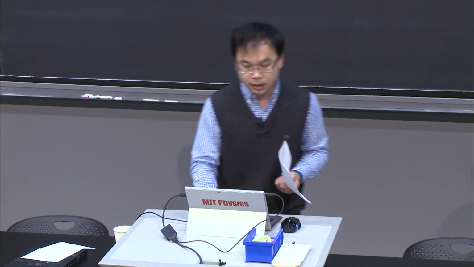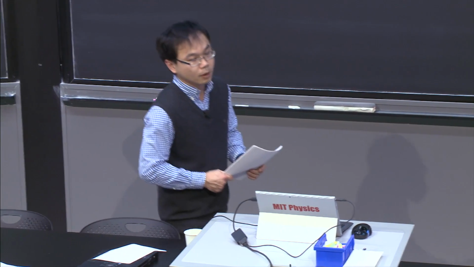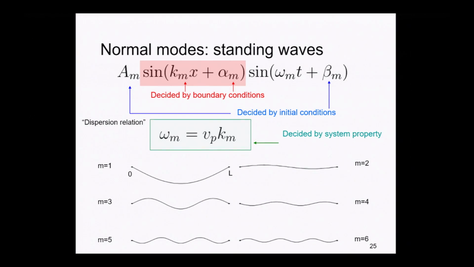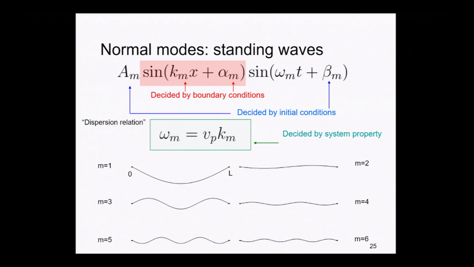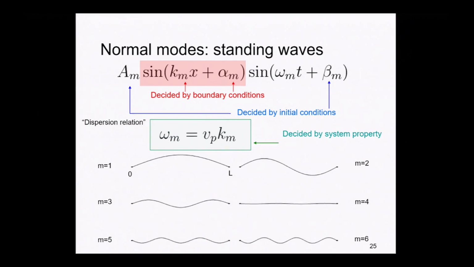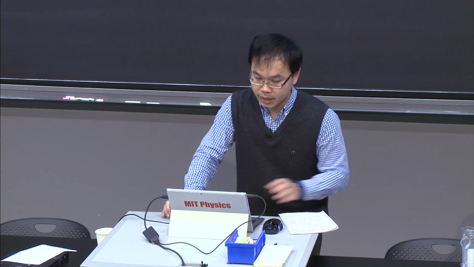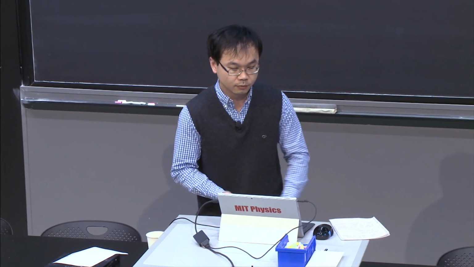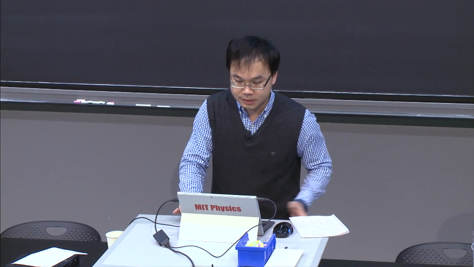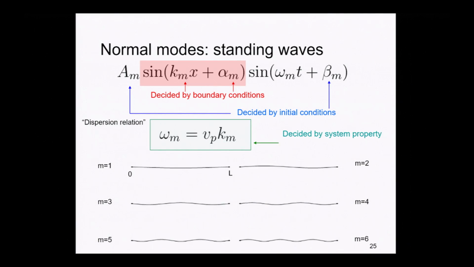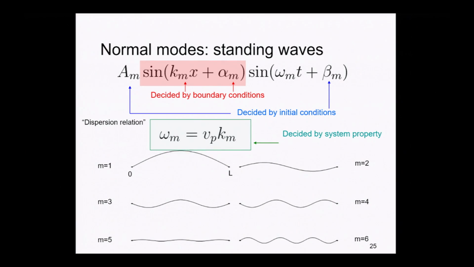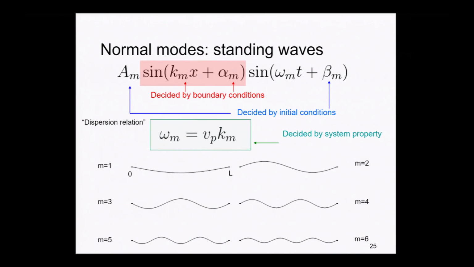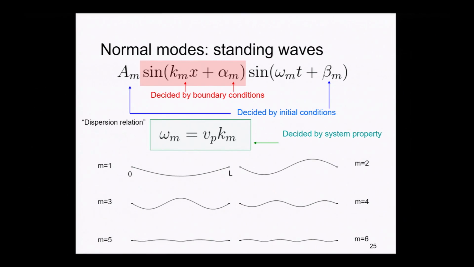Finally, omega_n is determined by the property of the system through the so-called dispersion relation. In this case it's linear, proportional to k_n, because we are talking about a non-dispersive medium for the moment. Beta_n is related to the initial condition, and A_n can be determined by Fourier decomposition.